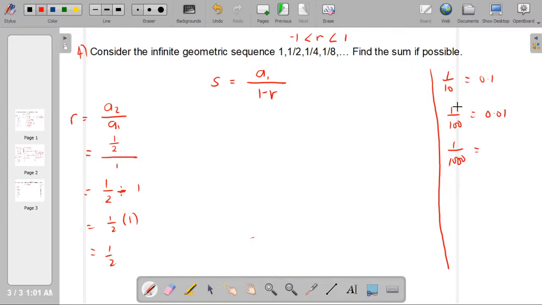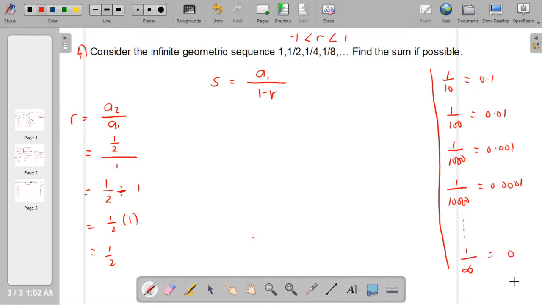Times 1/10 kada usa niya. And then this is 0.001. And the next to that would be 1/10,000. And that would be 0.0001.